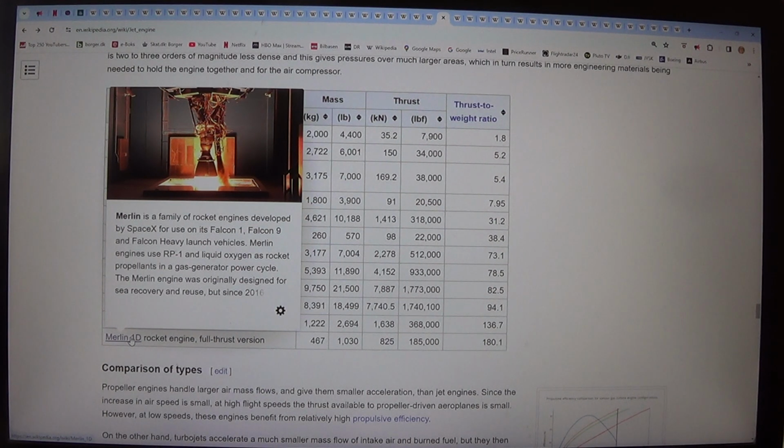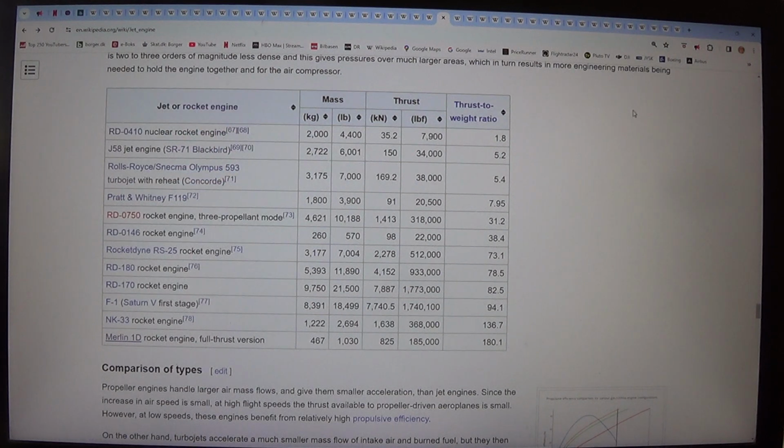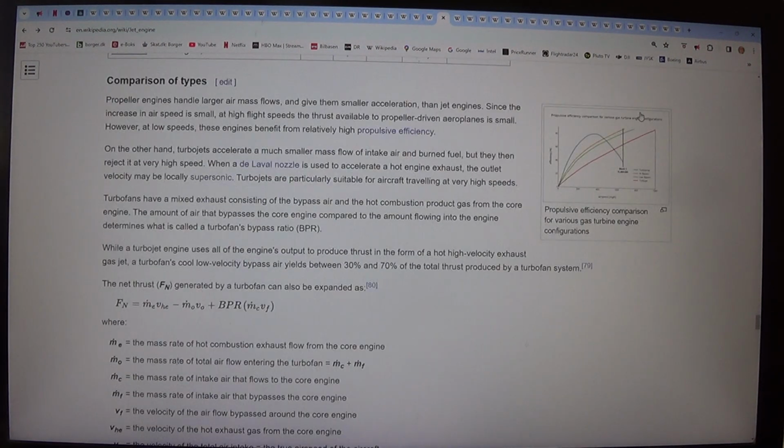Road 170 rocket engine 9750 21,507 887 1,773,082.5.